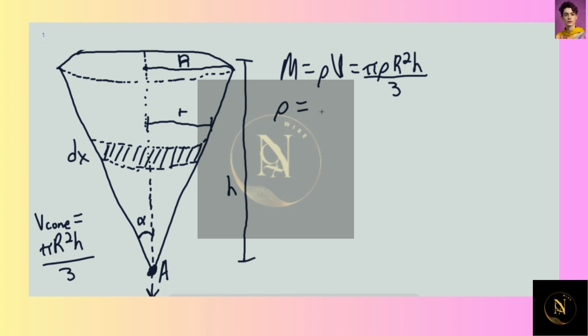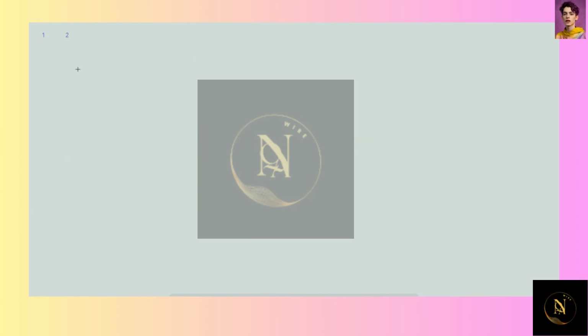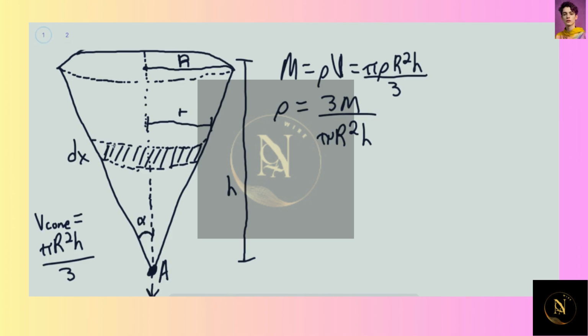So rho is going to be 3m over pi r squared h. So in this case, let's consider one disk of this cone of thickness dx, which we have labeled here in the diagram.